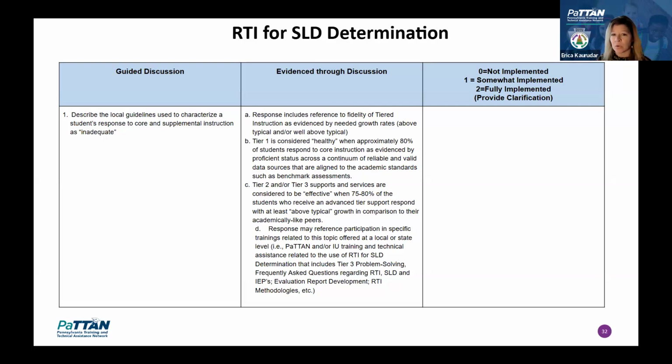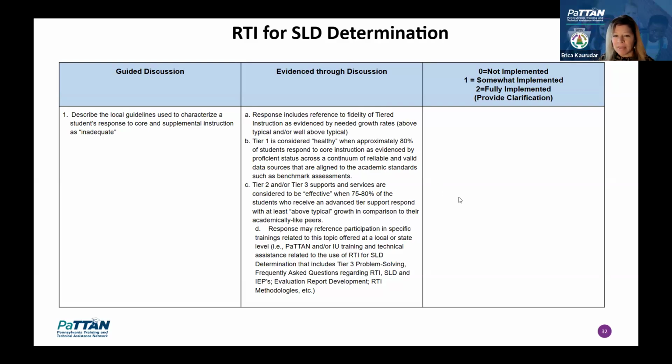For those students who are receiving Tier 2 and Tier 3 supports in addition to Tier 1, are a high percentage, 75 to 80% of those students, making above typical progress in response to those evidence-based interventions? You may also wish to consider professional development and coaching supports provided to your LEA team around the response to instruction and intervention.